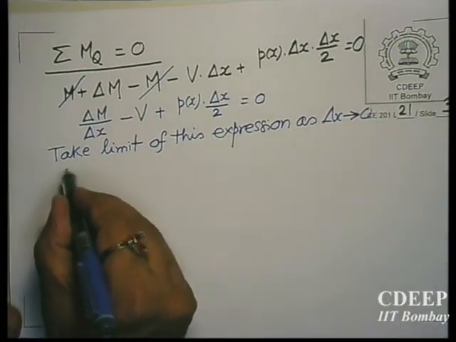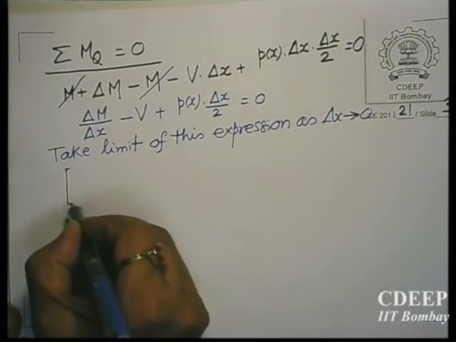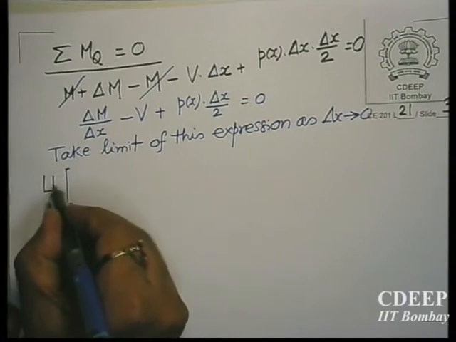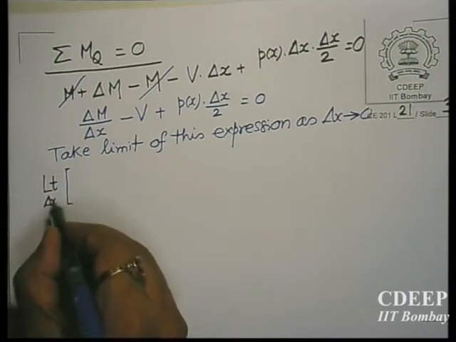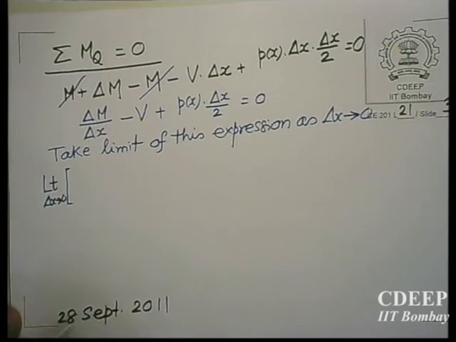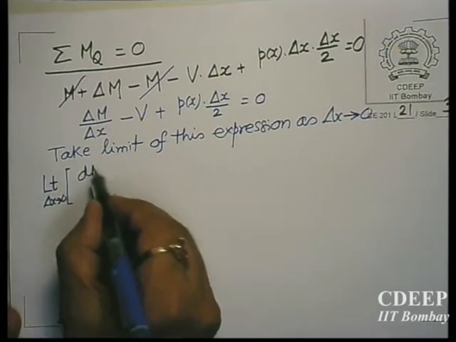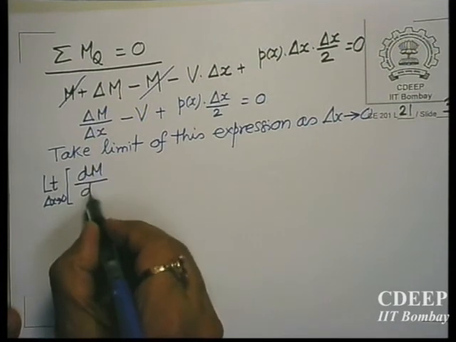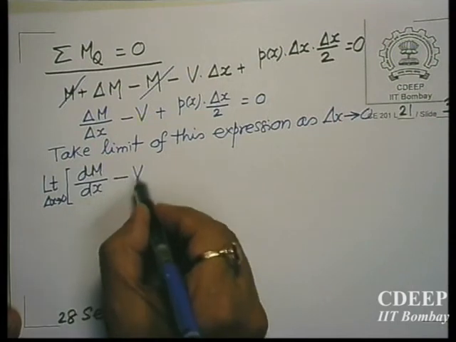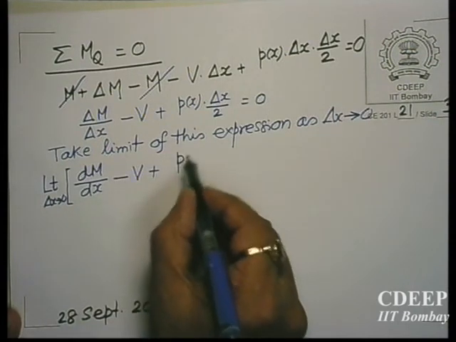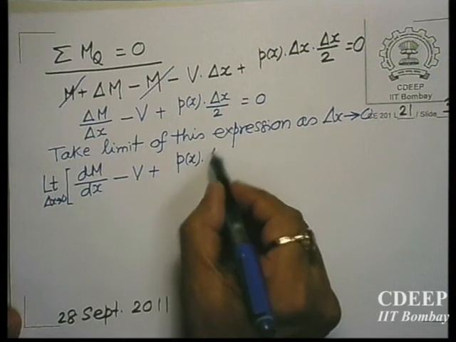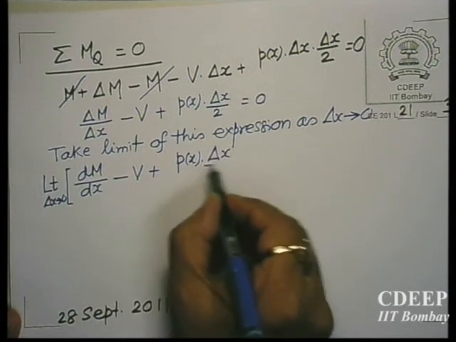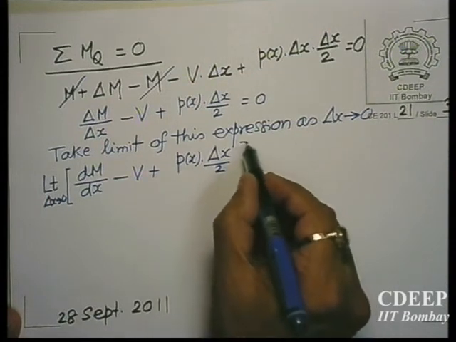So, the limit as delta x tends to 0 of dm by dx minus V plus Px into dx by 2.